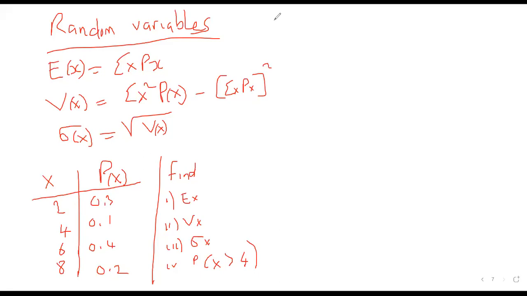So the mass functions and the random variables are very closely related. So we have what is called the expected value, which is a mean. It's simply multiplying the values of x with their respective probabilities. And also we have the summation of x squared px minus the mean, and when we square root the variance, we get the standard deviation.